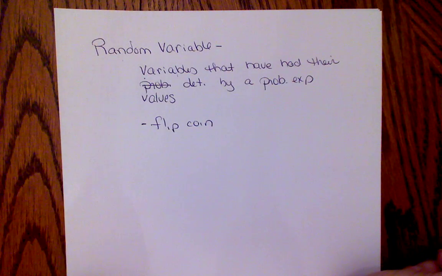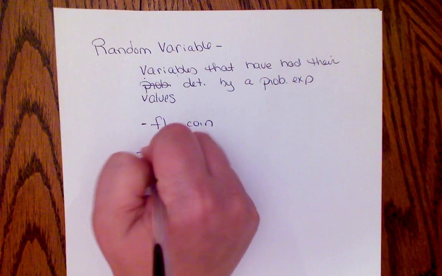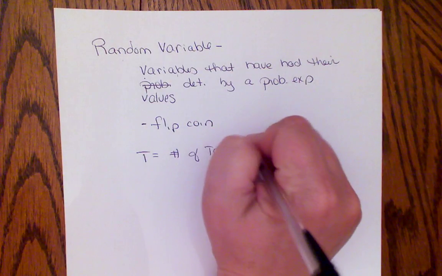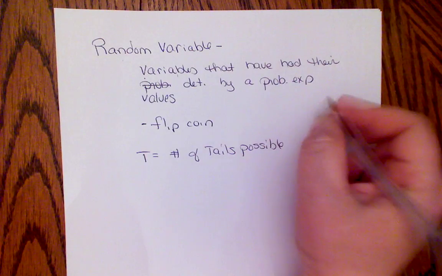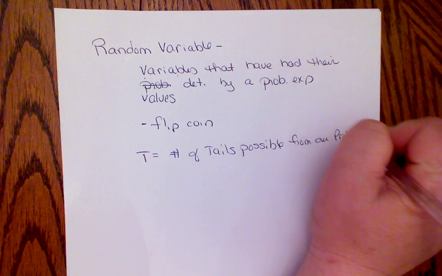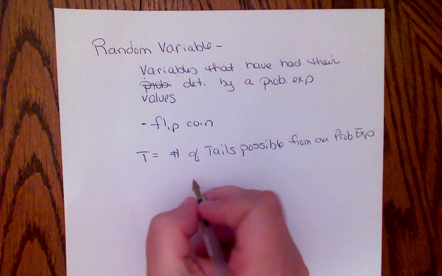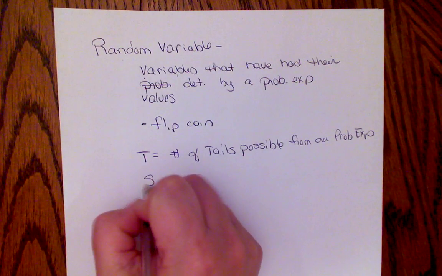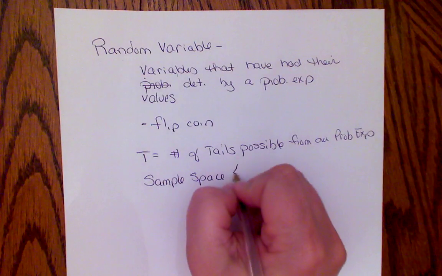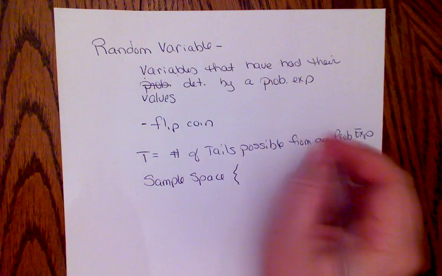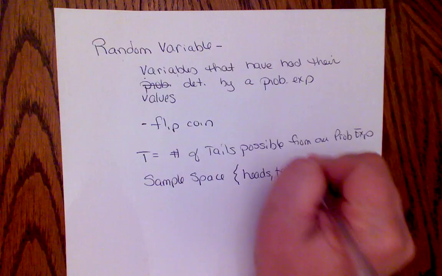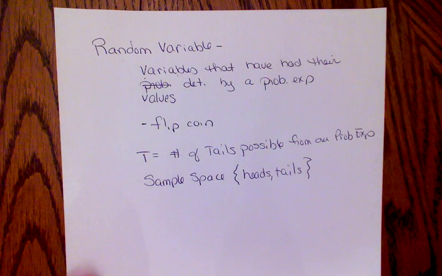When you flip a coin, if we let t equal the number of tails possible from our probability experiment, then our sample space, remember, is whatever outcome you can get. What are your outcomes from flipping a coin? You either get a head or a tail.